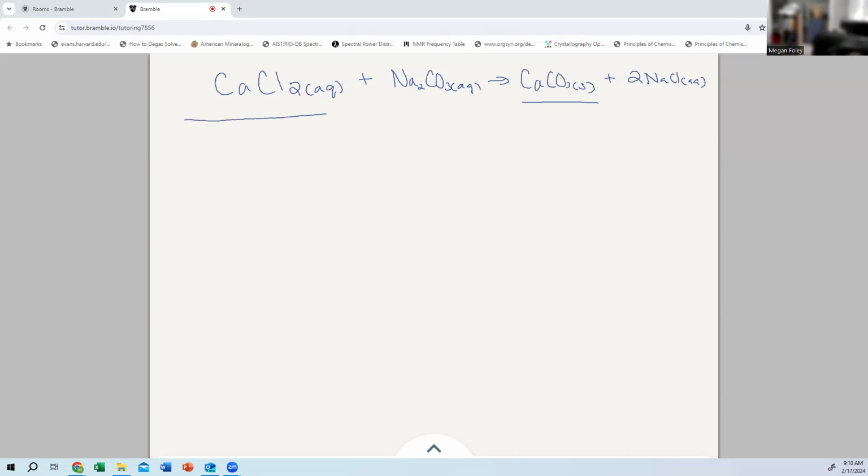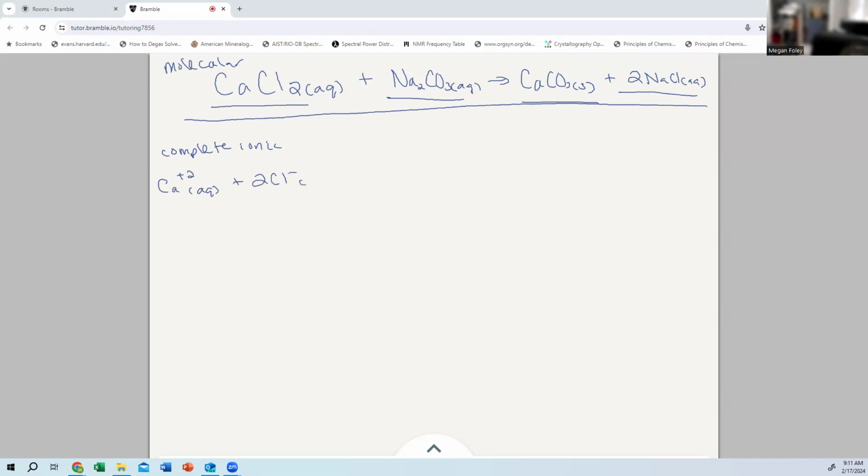Thinking about this equation, this one's what's called our molecular equation. But anything that's a strong electrolyte, which we have already talked about, that is in the aqueous state will be broken down into ions in what's called our complete ionic equation. So this would be Ca, and the charge on calcium is +2. Then we have 2Cl minus because of this 2 right here.